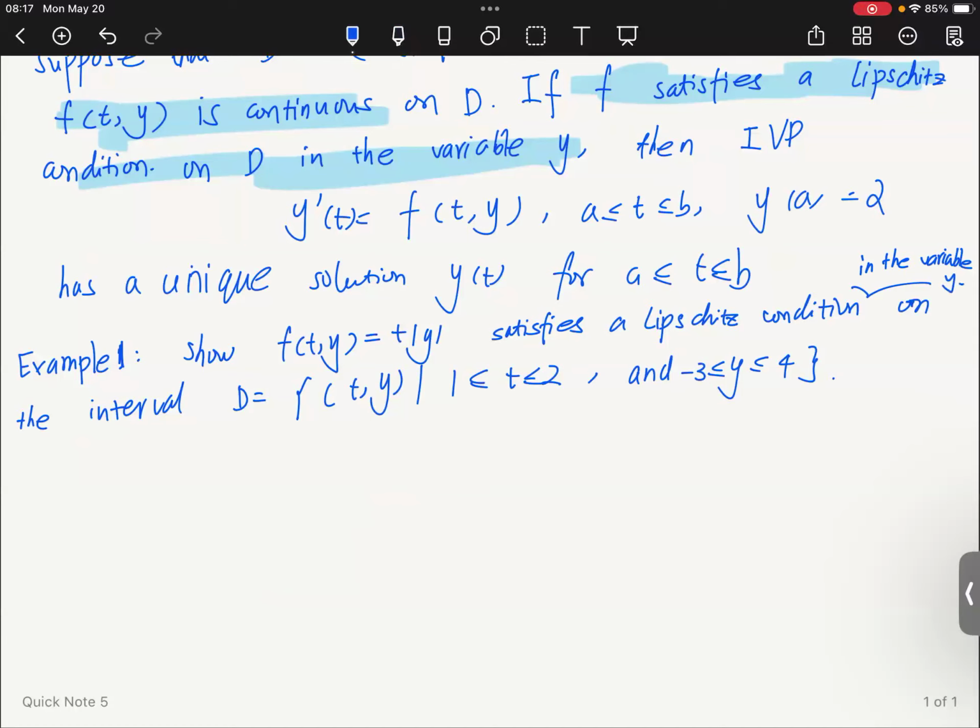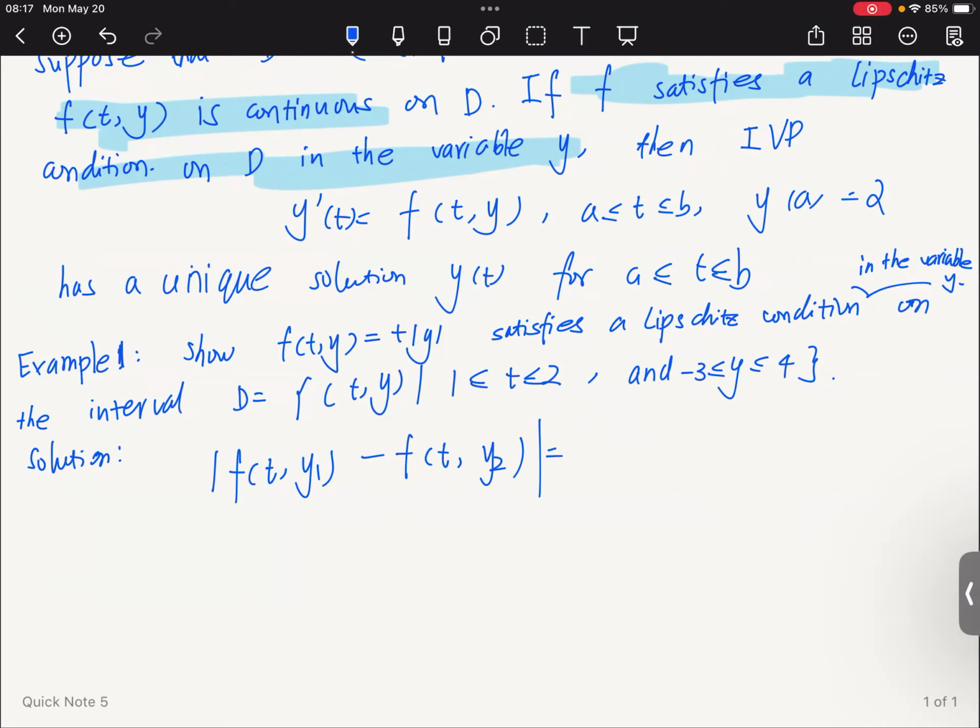So here, let's do this problem. If we want to know the Lipschitz condition, we need to do the subtraction first. That is f(t, y1) minus, using the same t, f(t, y2), and then take the difference. We are going to calculate such a difference here.